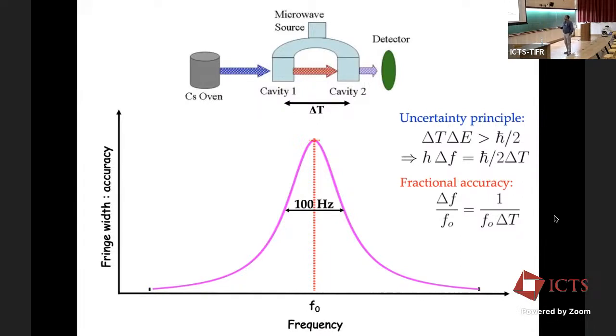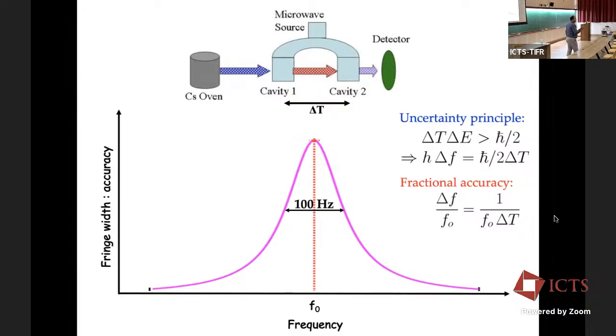I can write delta E as Planck's constant h times delta f. Then I can derive delta f by f0, just dividing by f0, so 1 over f0 times delta t. You see, this is the fractional frequency uncertainty, and it is inversely proportional to delta t, that is this freely moving time, right?